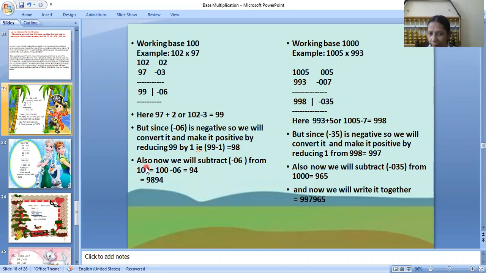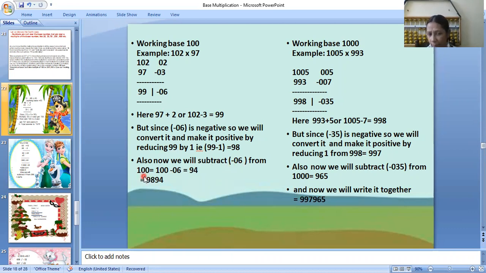Now the next step is also very important. Here you will write this in brackets, minus 06. Then you have to do 100. You know your 100 is your base. So you have to subtract this negative term from the base.